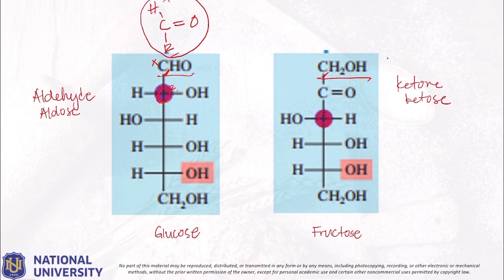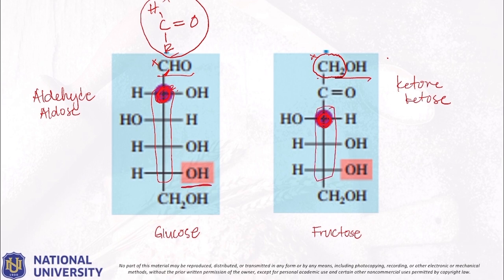Gets po ba? Dito, dalawang hydrogen. So, hindi na siya chiral. So, dito na yung first chiral center sa carbon 2. Ito sa carbon 3. So, these are the chiral centers.